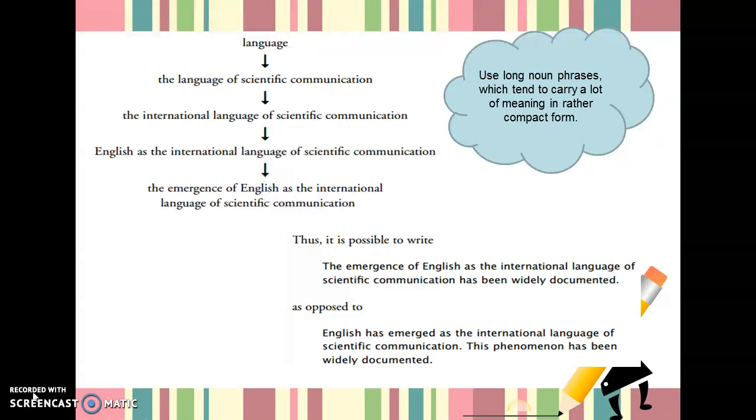So here we have the example with language: the language of scientific communication, the international language of scientific communication, English as the international language of scientific communication, and the emergence of English as the international language of scientific communication.